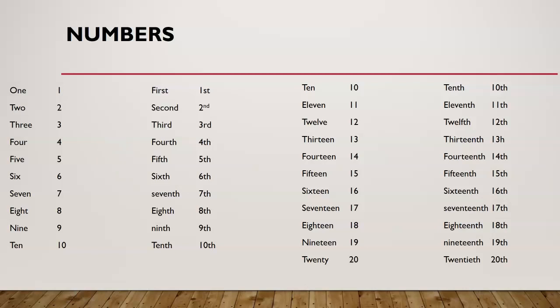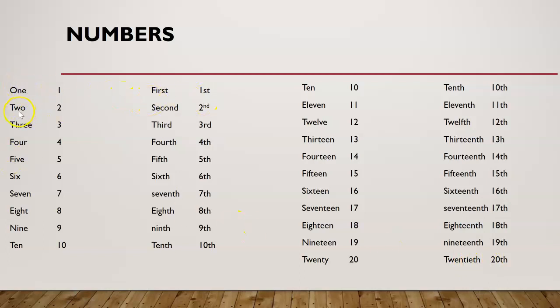But you will have, of course, some exceptions. Exceptions here are made with fifth, and another exception is made with 12, and another one will be made with 20, where we change the last y to i, e, and we add th. Okay, good.